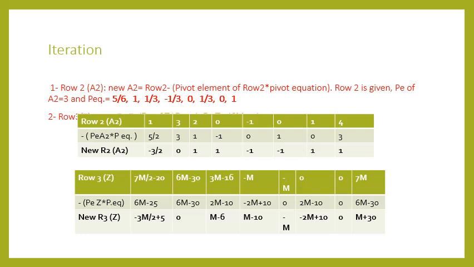And new Z is the result of subtraction, row 1 by row 2. So we found -3 over 2, plus 5, 0, M minus 6, M minus 10, M minus 2, M plus 10, 0, and M plus 30.